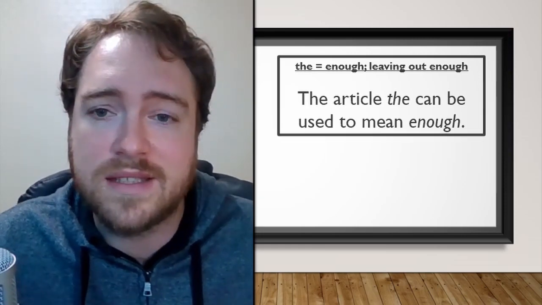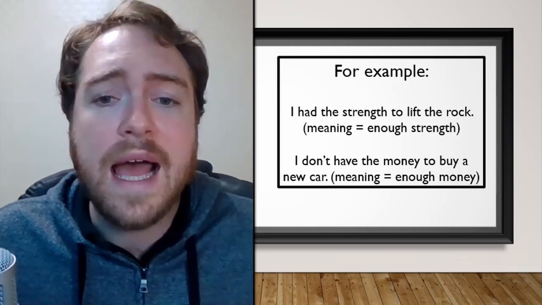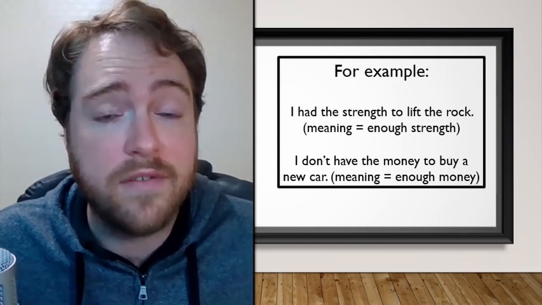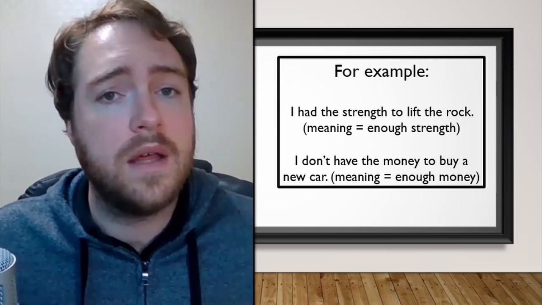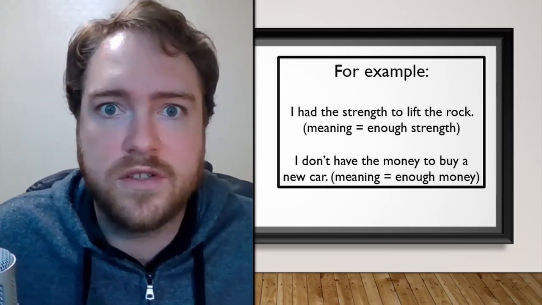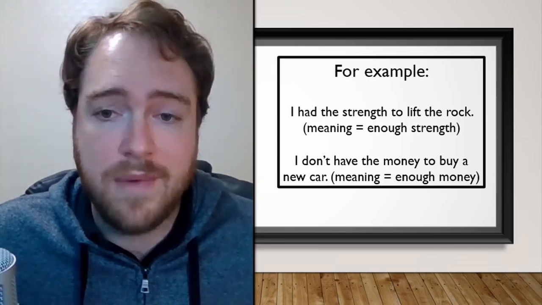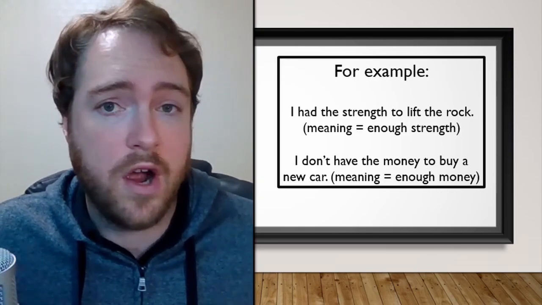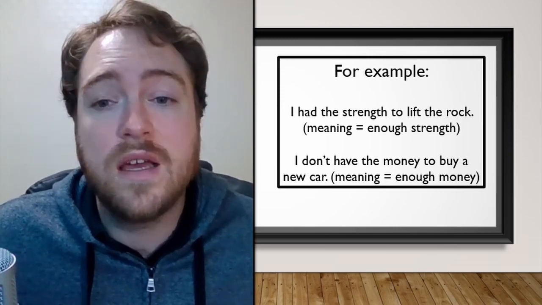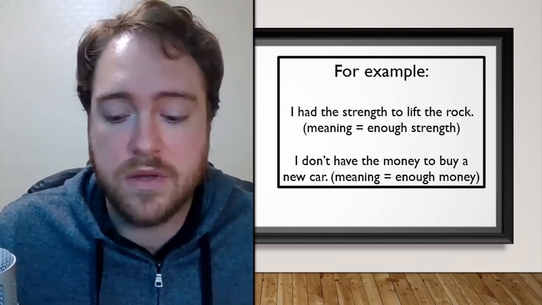So let's look at some examples. So, for example, I had the strength to lift the rock. And this means enough strength. I had enough strength. Or, I don't have the money to buy a new car. And this means enough money. I don't have enough money to buy a new car.